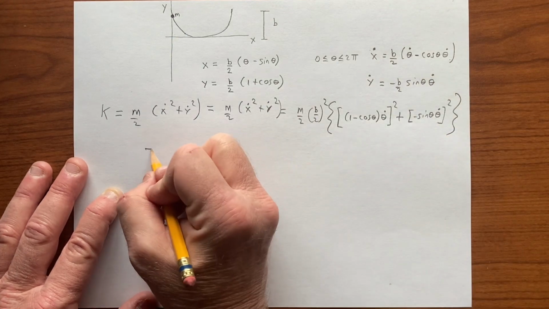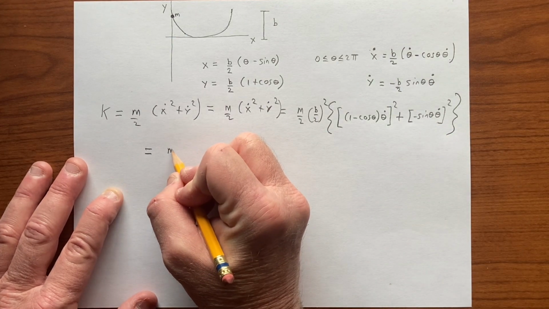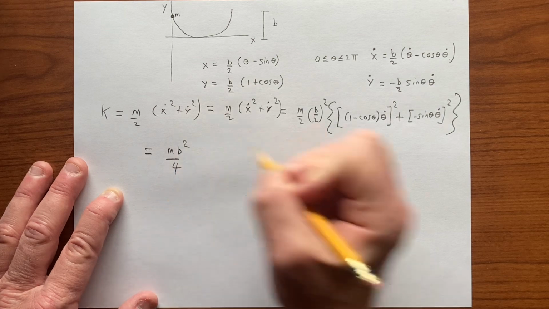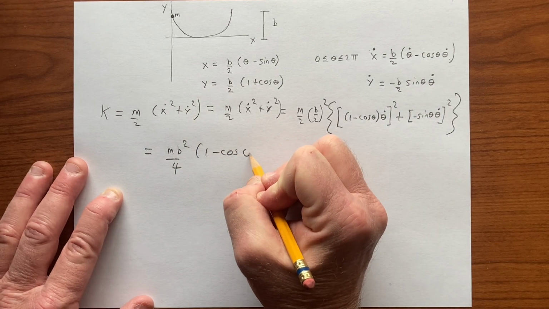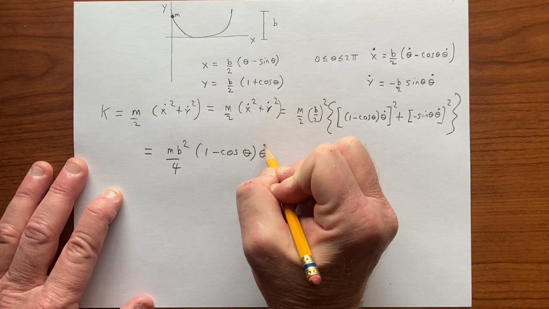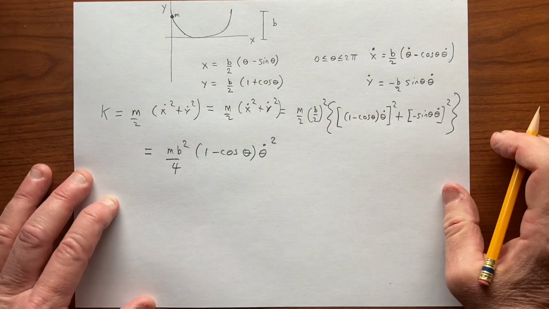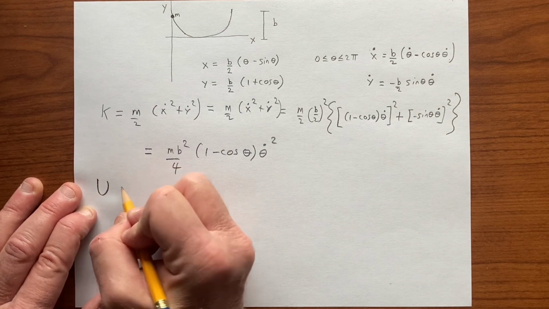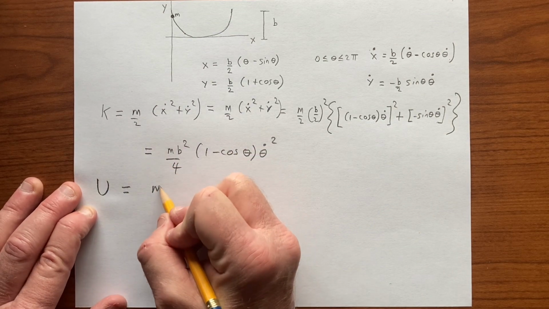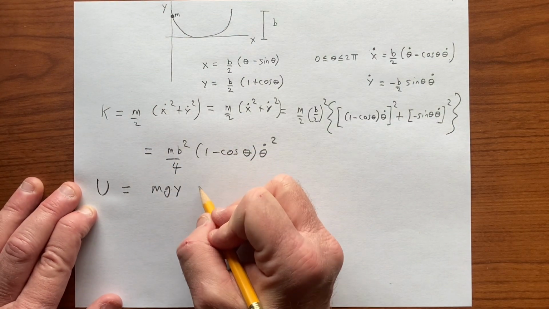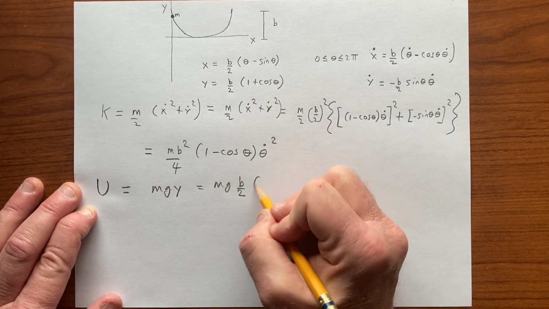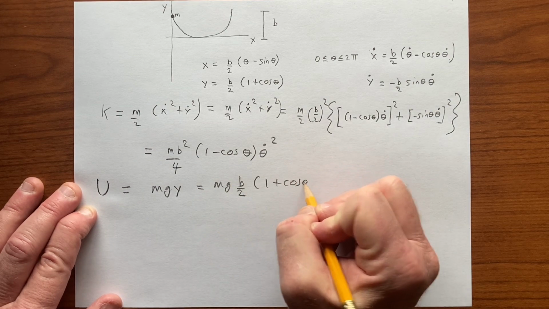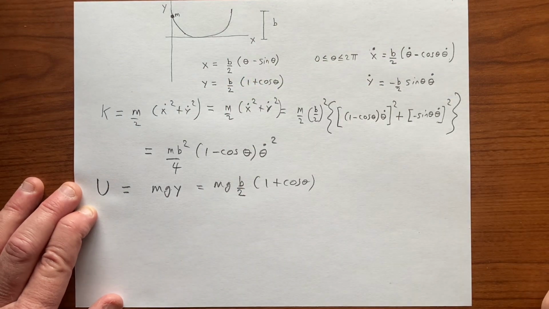That gives us mb squared over 4 times 1 minus cosine theta, theta dot squared. And the potential energy is mg times the height, so it's mgy, and that is mgb over 2 times 1 plus cosine theta.